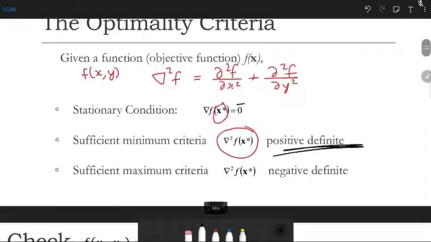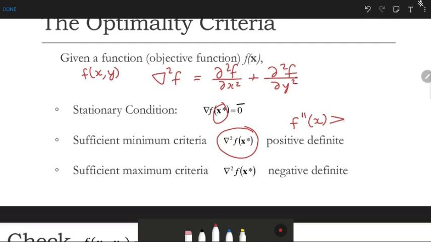What is positive definite? What is negative definite? We'll see. I hope they will explain what that means. But this is very similar to the two-dimensional case. In the two-dimensional case, if the double derivative is greater than or equal to zero, it means it is convex, and I can say it is a minimum. So it's very similar to the double derivative, the Laplacian.